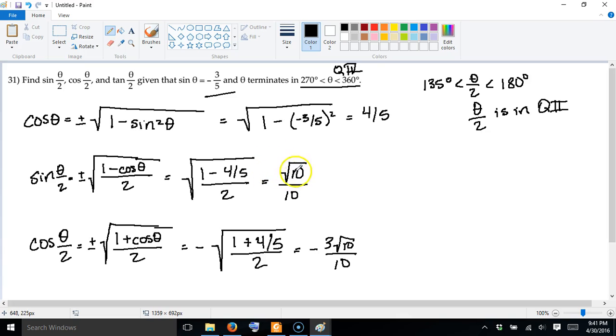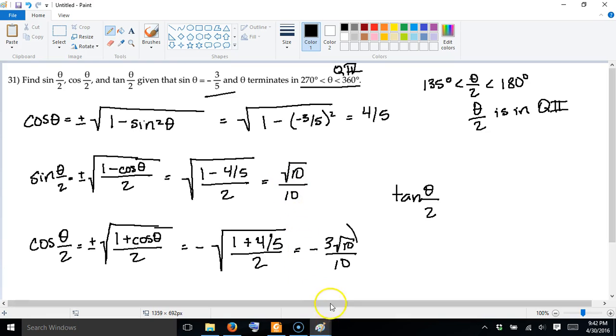Now, just like the last one, if I ask you these previous ones, tangent of theta over 2 should be pretty easy to find. We just need to divide these two values, or sine over cosine of theta over 2. Otherwise, if tangent's all you have to find, you might want to just find sine of theta over 2 and cosine of theta over 2.